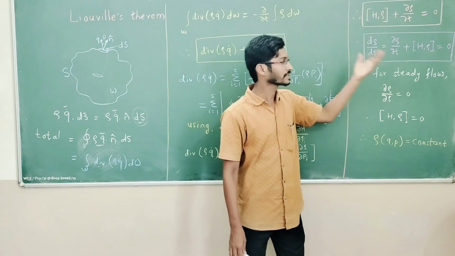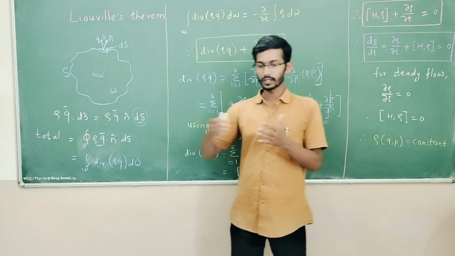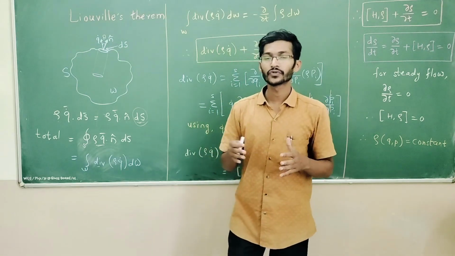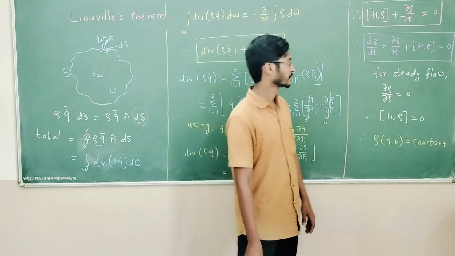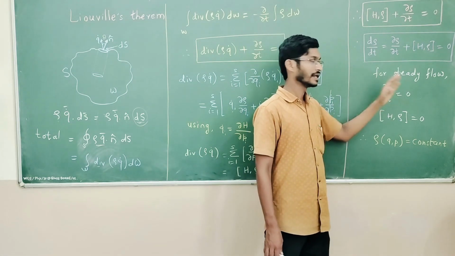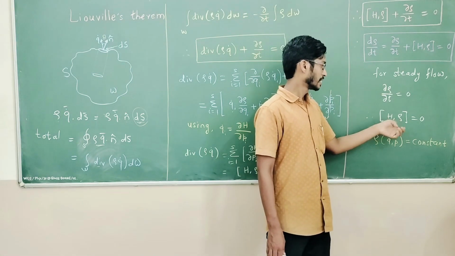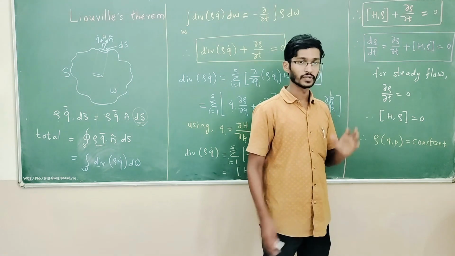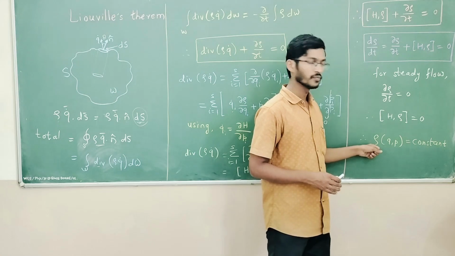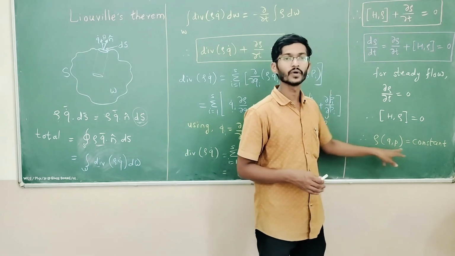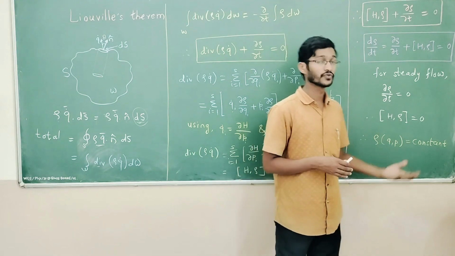So this theorem suggests that over time, the distribution density or distribution function is constant for such cases. And if the flow is steady, then the partial derivative will also become 0. In that case, the Poisson bracket of H and rho is equal to 0. This means this rho, which earlier we considered a function of q and p, is also a constant function.